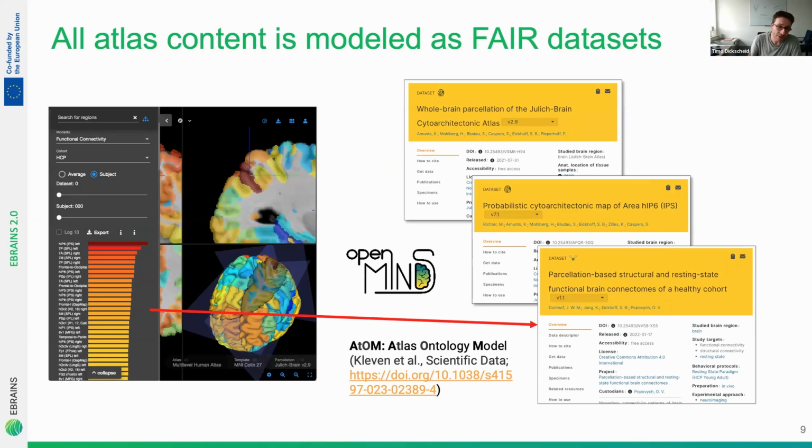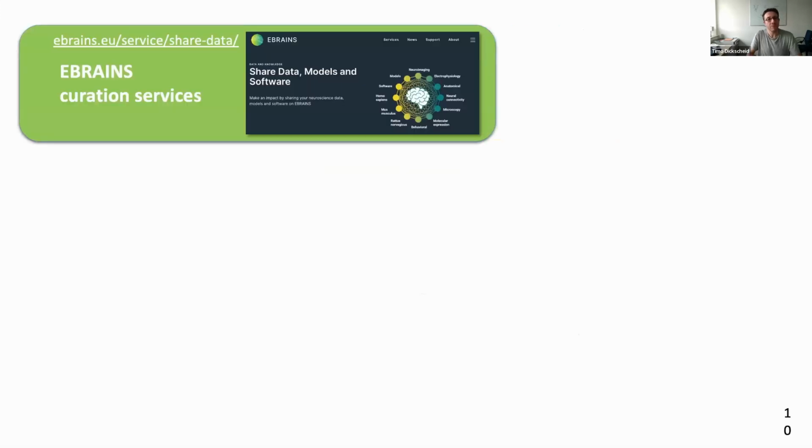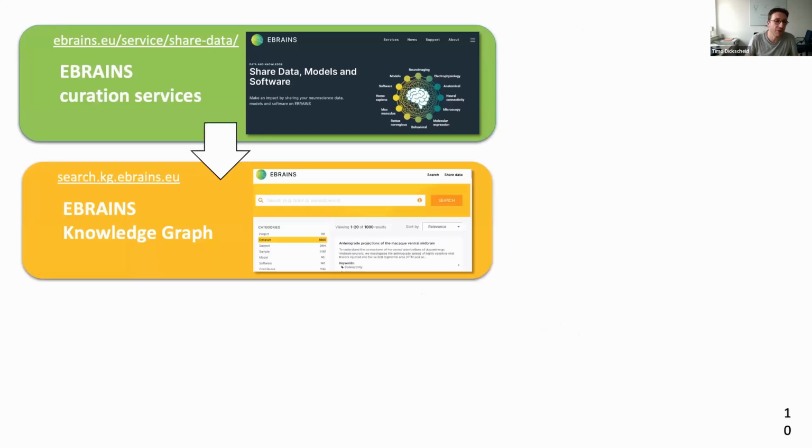What the atlas system is doing is it brings all of this information into a common anatomical framework and makes it processable and explorable through the 3D context and through the 3D anatomy. Building such a system is only possible by connecting infrastructure aspects. We are relying here on curation services that help us to do professional sharing and description of the data.